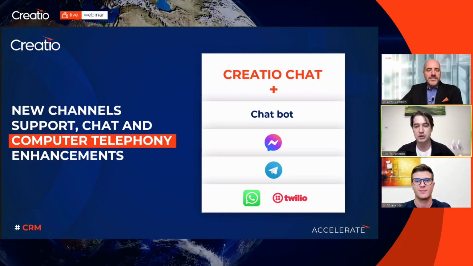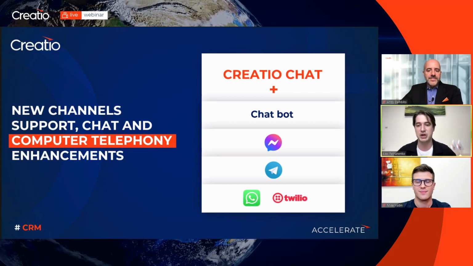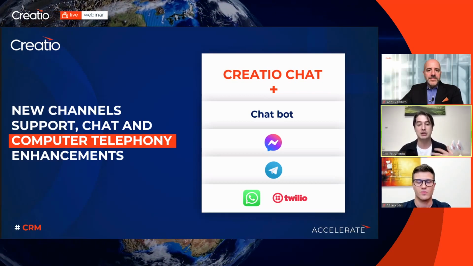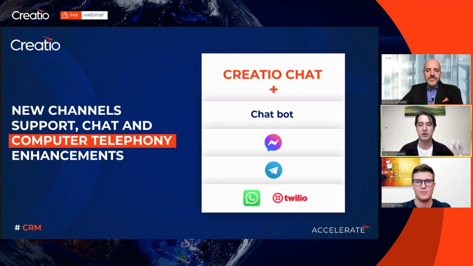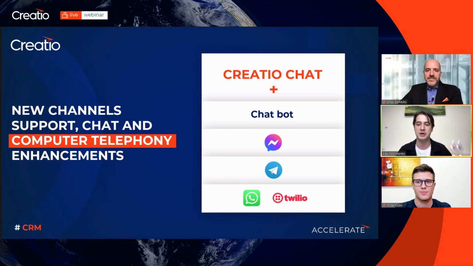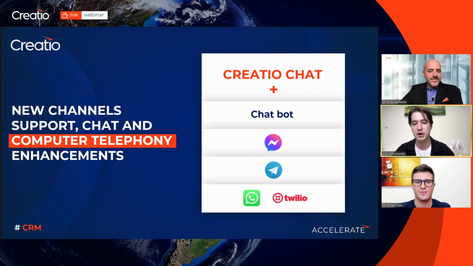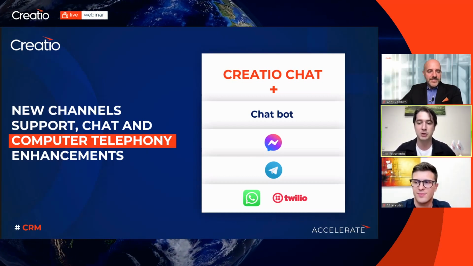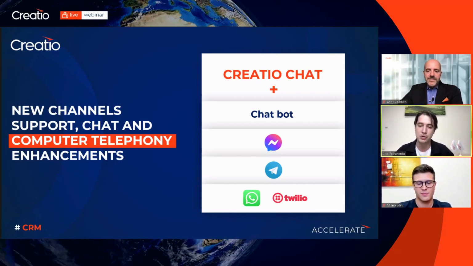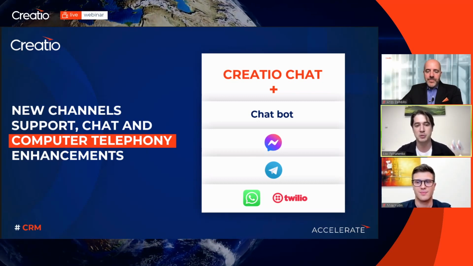We're as well introducing new channels of communication like Telegram, and also, as part of our strategy in developing technology partnerships, with the help of the Twilio partnership, we're now introducing a new channel of communication, which is going to be WhatsApp, right?